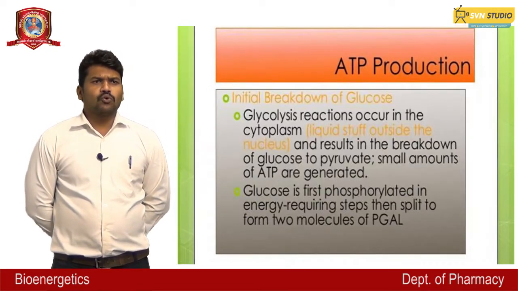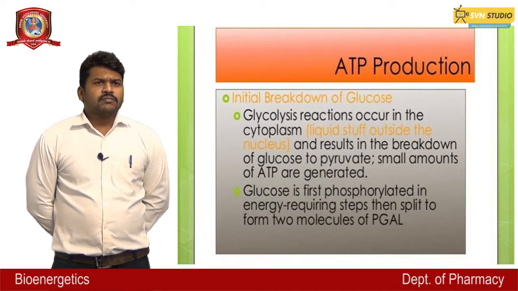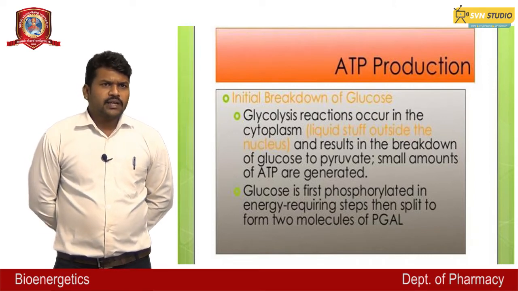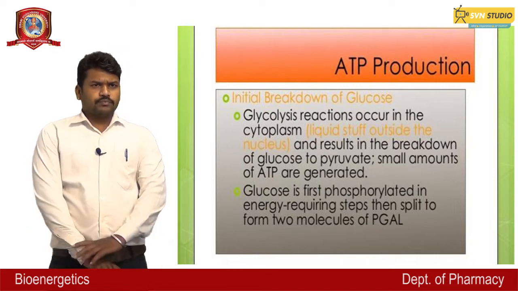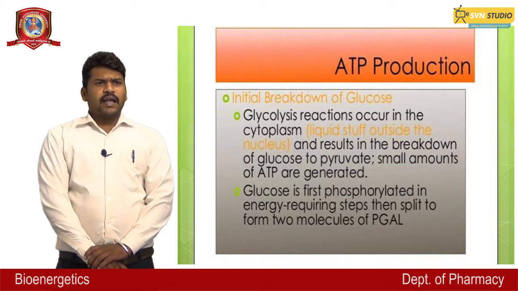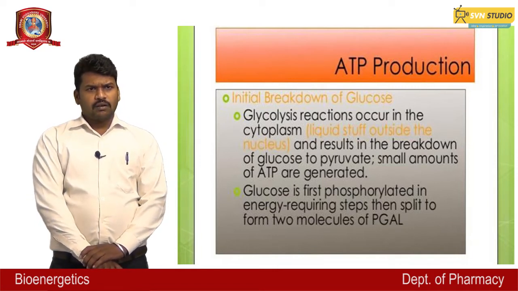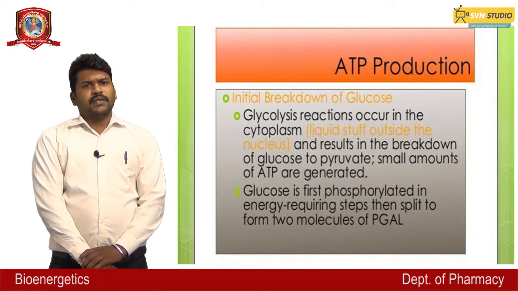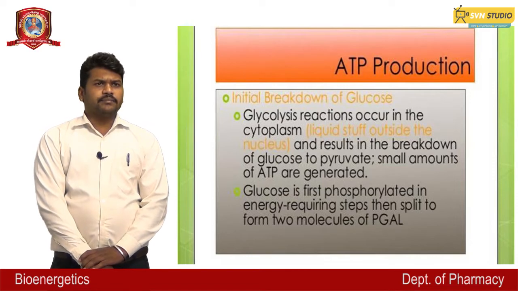Glycolysis is the initial breakdown of glucose. The reactions occur in the cytoplasm, the liquid outside the nucleus, and result in the breakdown of glucose to pyruvate. A small amount of ATP is generated. Glucose is first phosphorylated in an energy-requiring step, then split into two molecules of PGAL.